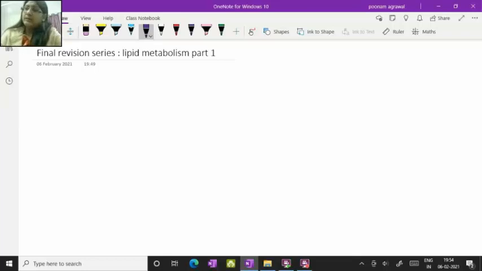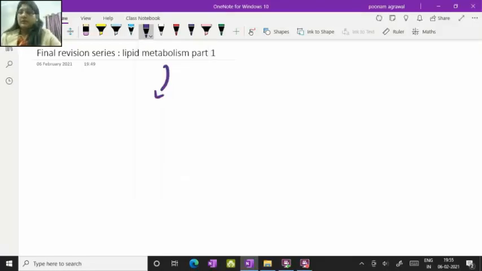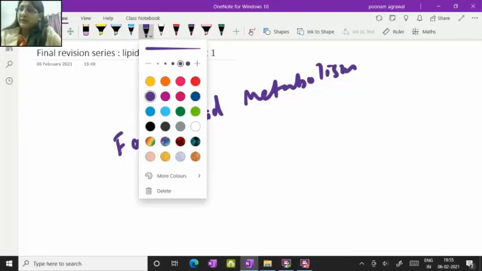So in lipid metabolism, there are many topics which you need to revise before appearing for phase 1 MBBS university examination, various universities pan India. So the topics which are there in the lipid metabolism are as follows. Number 1 is the fatty acid metabolism, where we have two aspects of it.